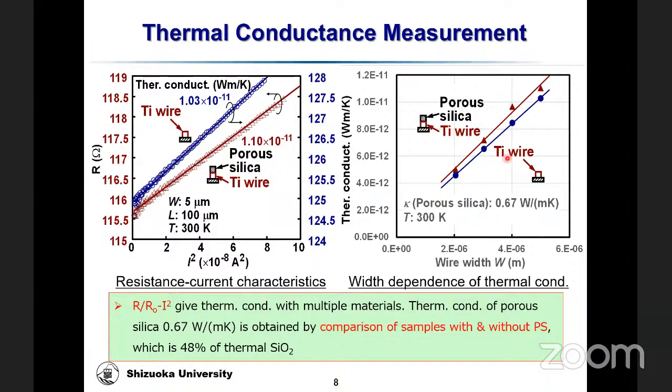By comparing the cases with and without the porous silica, we can find out the thermal conductivity of 0.67 watt per meter Kelvin for the porous silica material. And this is 48% of the thermally grown silicon dioxide. Probably due to the porosity of the porous silica material.